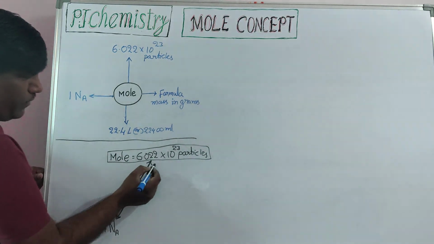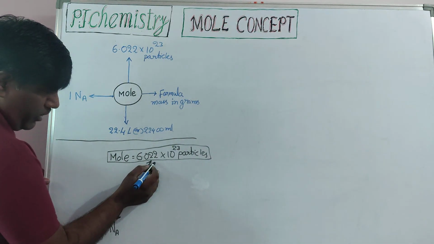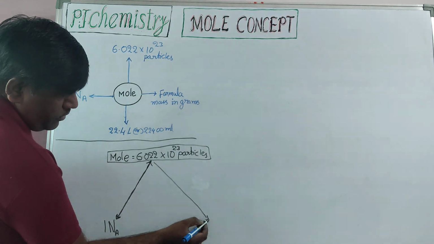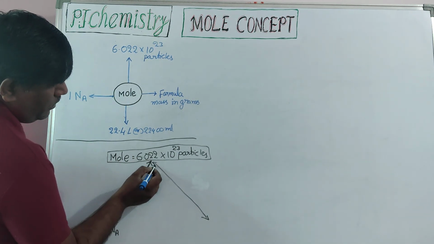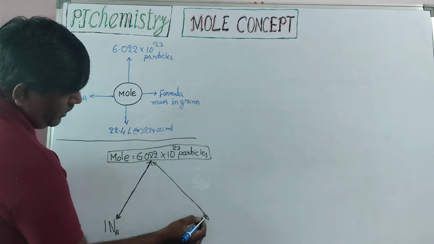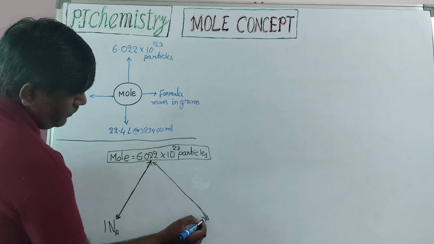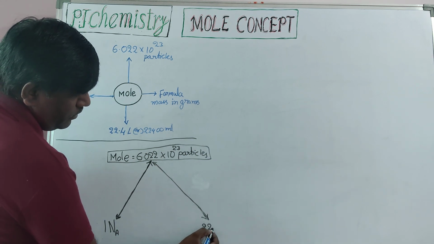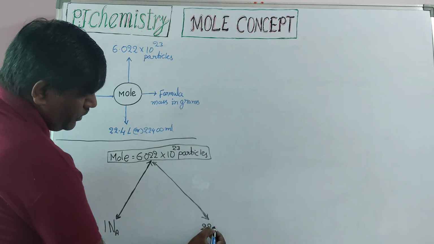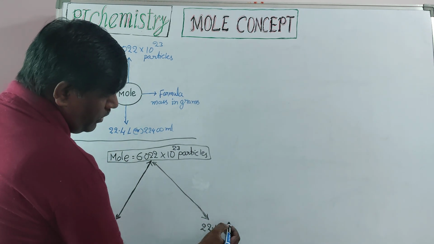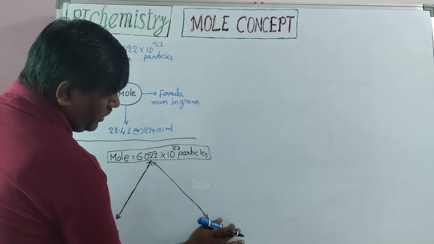Next, 1 mole of any gas occupies how many liters? 1 mole of any gas occupies, sorry, 22.4 liters or 22,400 milliliters.